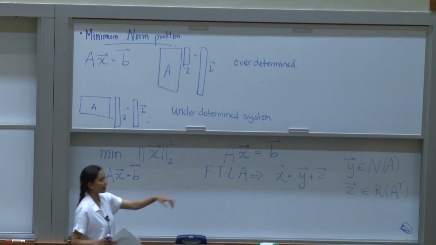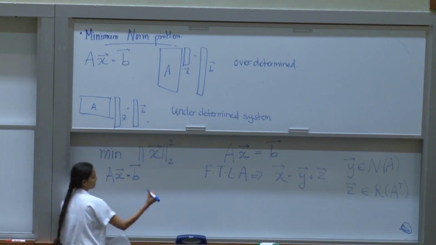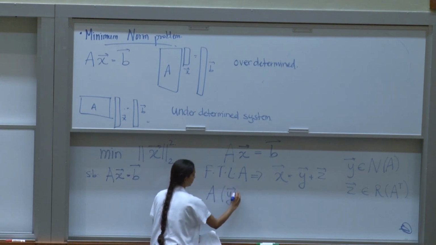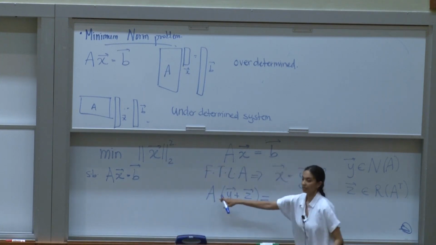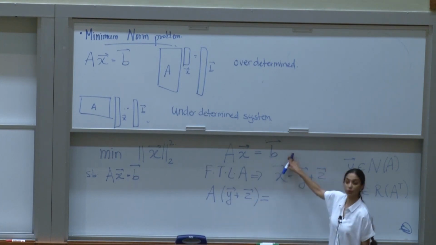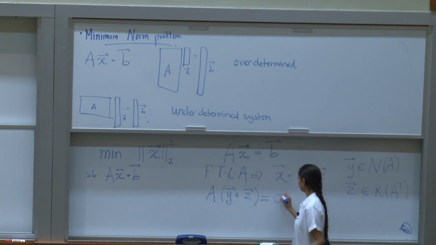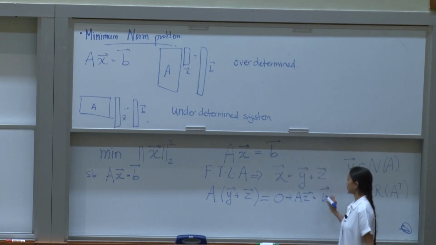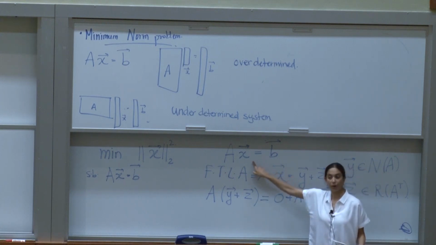So if I know that I can decompose x using the fundamental theorem, what does this mean? If I consider A times this y plus this z, what is this equal to? This is A times y plus A times z. What do I know that this is equal to? I know this is equal to b. What is A times y? And this is A times z. This is equal to b. Right? So if x is any solution, what does that mean?